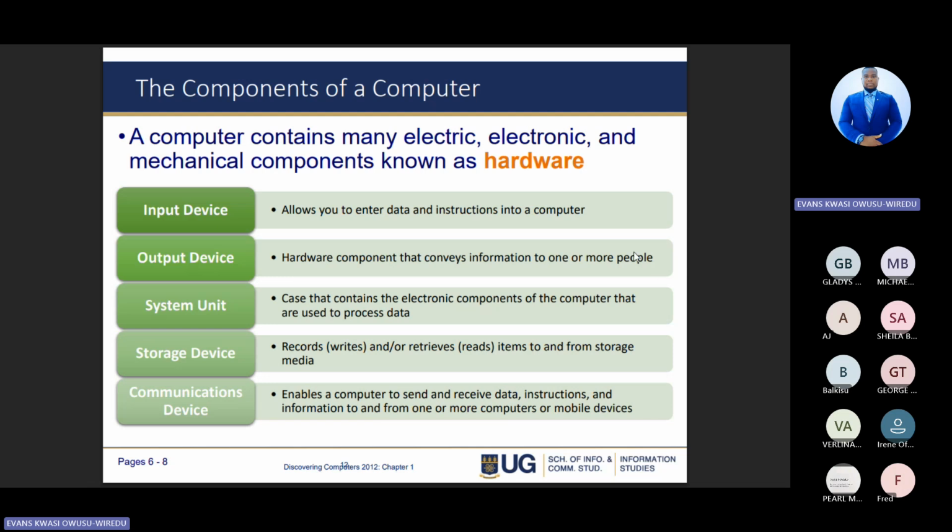The output is where the hardware components convey information. Notice how data and information are being used. Whenever it's going out as an output, it has become information. So an output hardware component helps us to display information. Like I said, the computer doesn't understand your language, so when you communicate with it, it breaks it down into its own language first, which is binary, its own alphabetical system, so that it will understand.